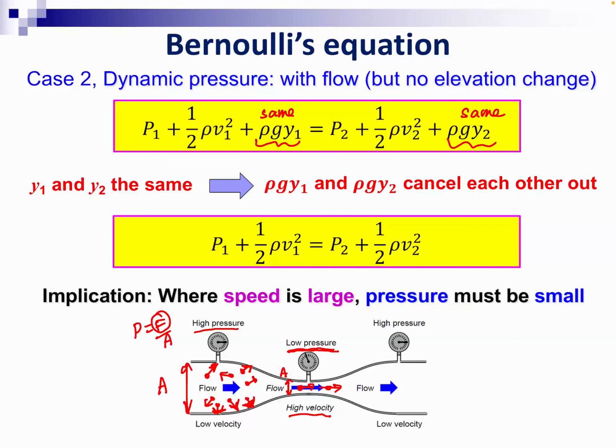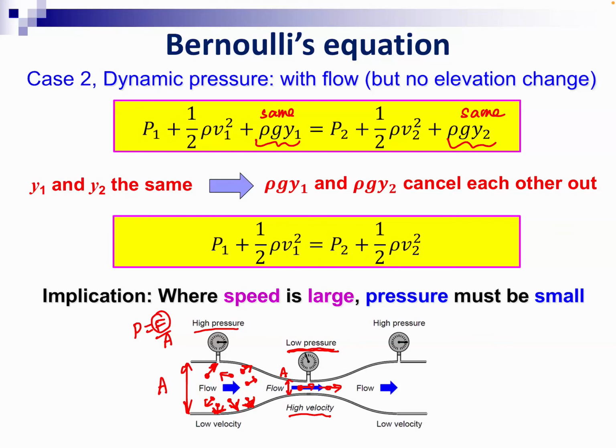And this form of Bernoulli's equation is actually quite interesting. Say, for example, I have a piece of paper here. If I blow on top of the paper, what do you think will happen? I blow downwards, but surprisingly, the paper moves upwards.